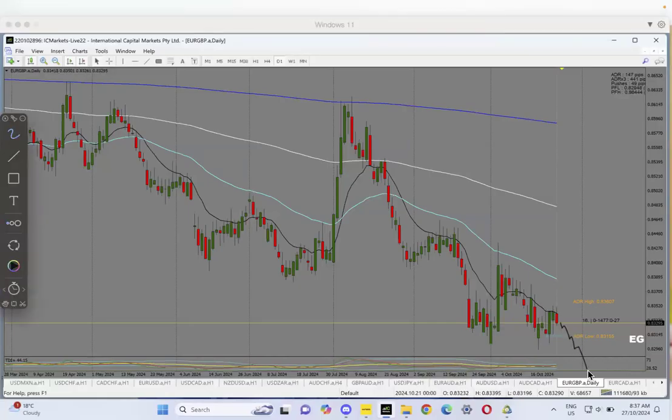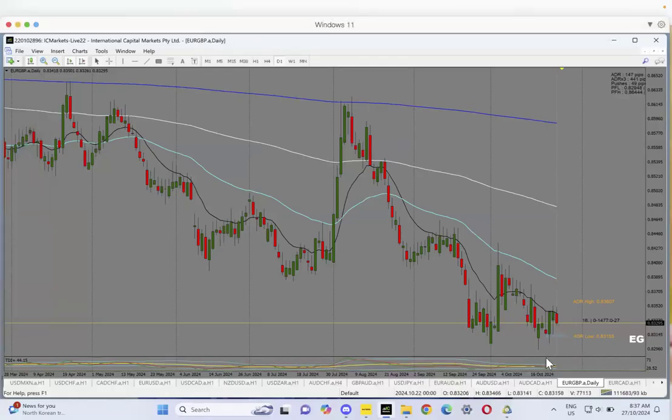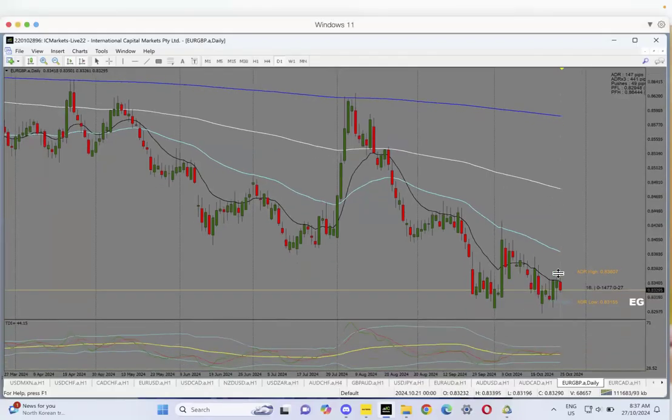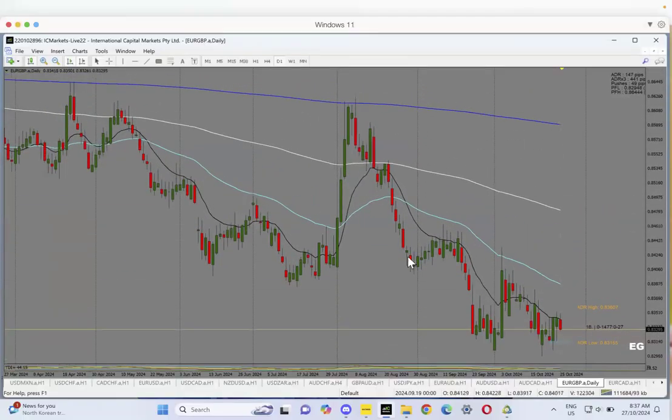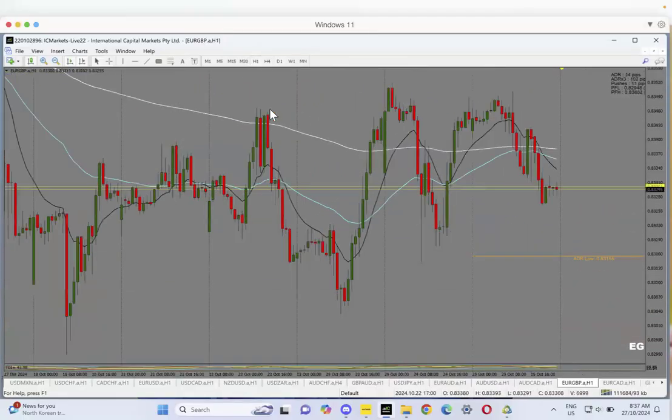So I want to see a third push to the downside. Then we can start to talk about buys. So we might see a lot of that in the coming days. Red candles, maybe 5 of them all the way through. And that will be an interesting pair. So do sell this pair when you see it.